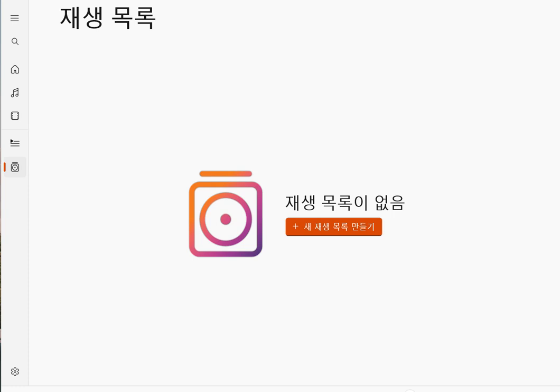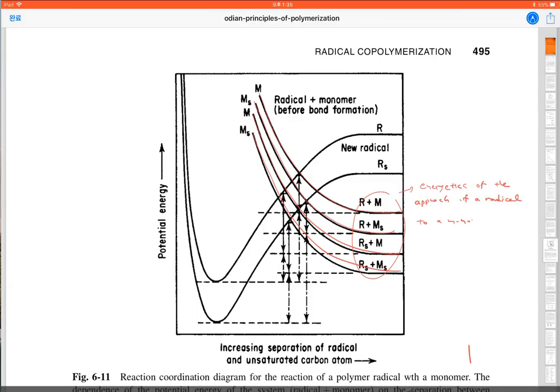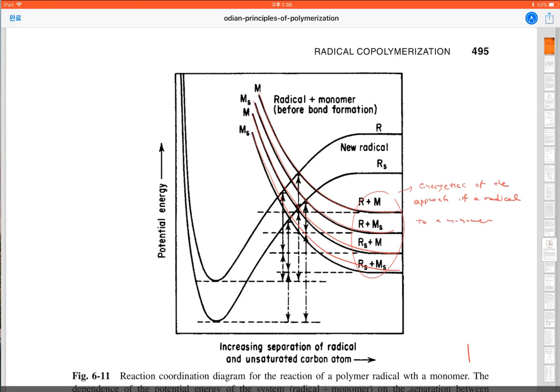They basically show the energetics of the approach of a radical to a monomer. Basically, they are reactants. And these two lines show the energy of the resulting polymer radical.